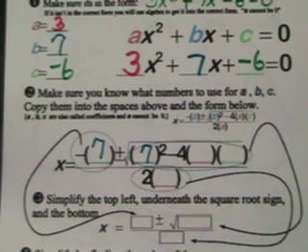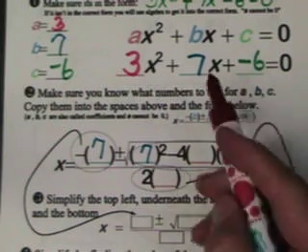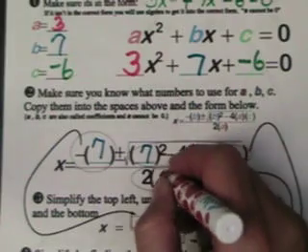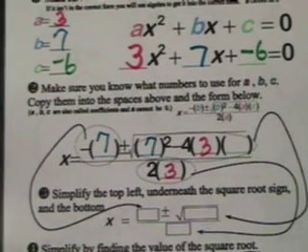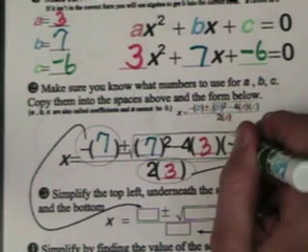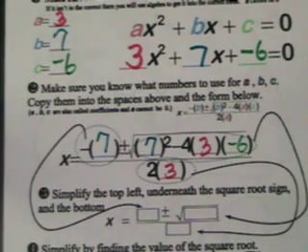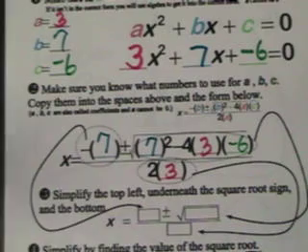The next one is A and C. A is 3, goes there and there, and C is -6. Now, if you're really good at dealing with square roots and powers and all those kind of things, then this won't be that bad, because it's just basically simplifying.